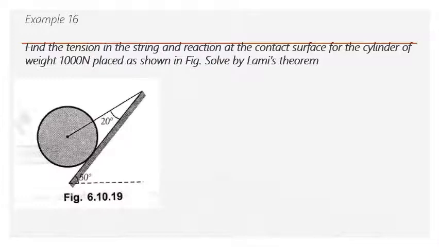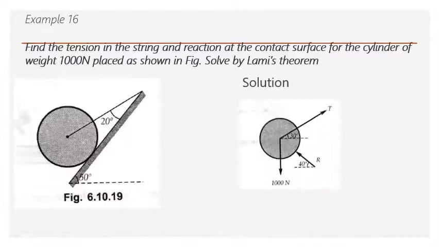A sphere is resting on an inclined plane which is inclined at 60 degree. It is connected to a string that is inclined at 20 degree. What is the next step? Yes, the next step is to draw the free body diagram of the sphere, showing all the forces acting on the body.